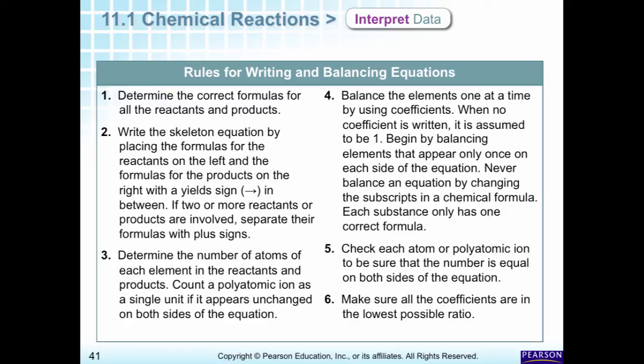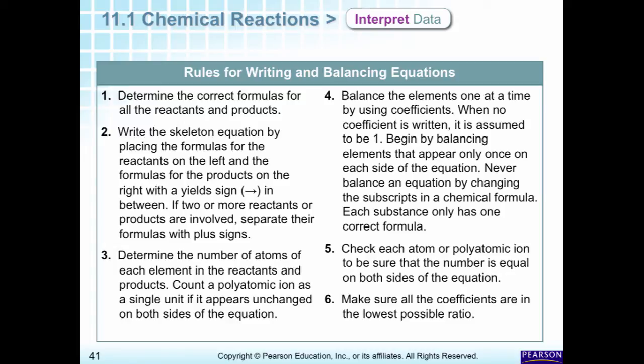Use coefficients to make that happen. Then go back and check to make sure everything is accounted for. Finally, number 6 is really important. As you do this, you may have made too big of numbers. So make sure that when you look at all the coefficients, it's the smallest ratio.